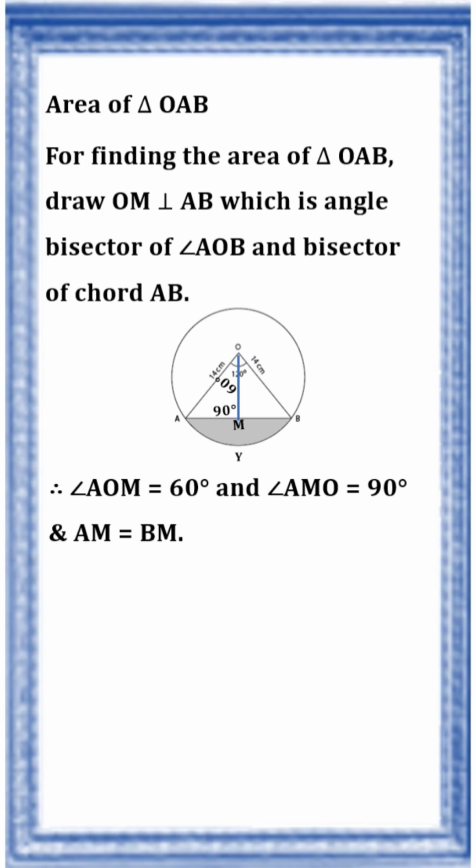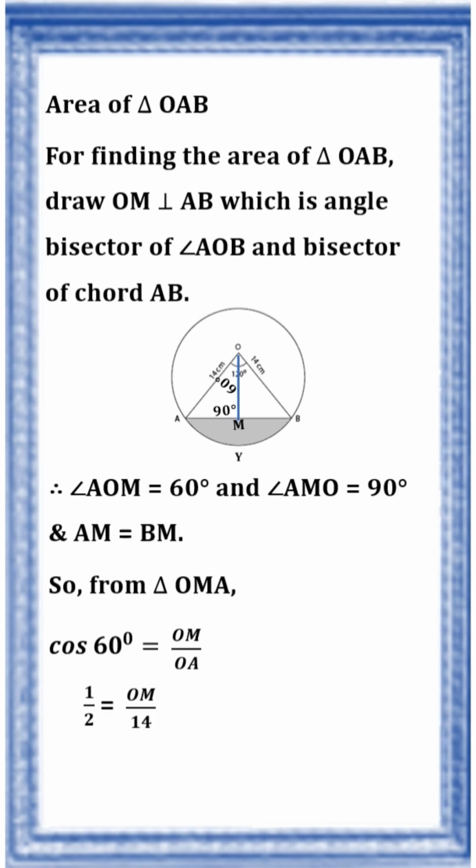And AM is equal to BM. So from triangle OMA, cos 60 is equal to OM by OA. Cos theta means adjacent side by hypotenuse. Cos 60 is 1 by 2. OM by OA is 14 centimeter. 2 ones are 2, 2 sevens are 14. So OM is equal to 7 centimeter.